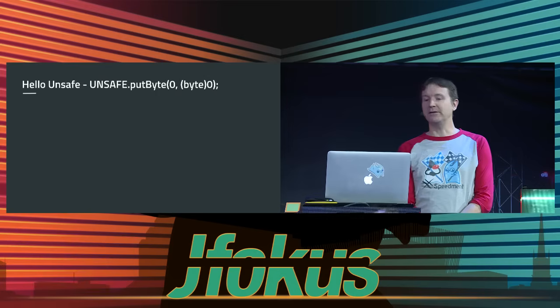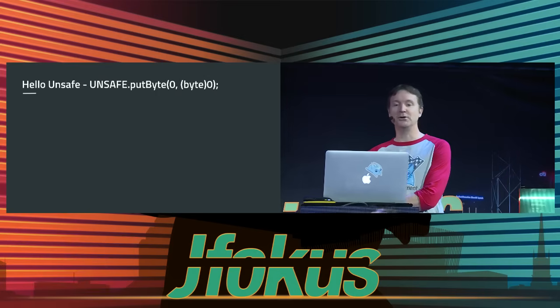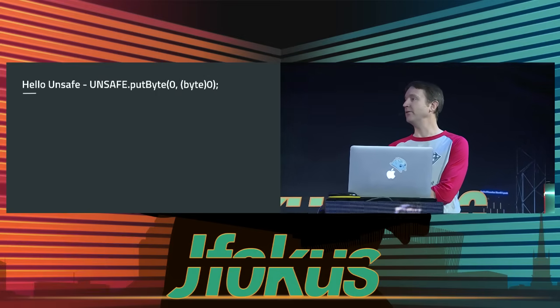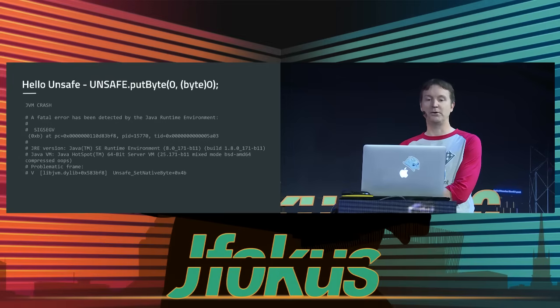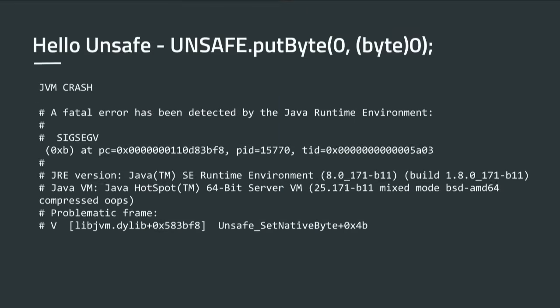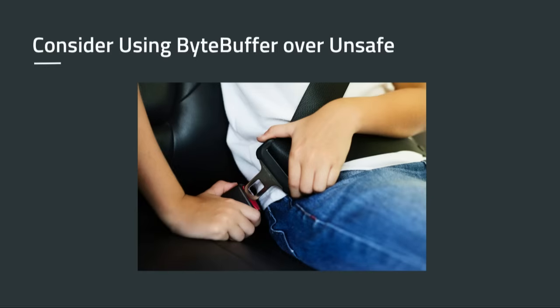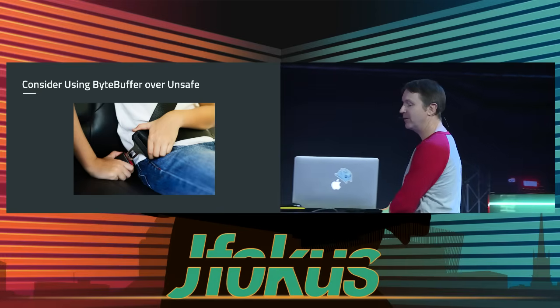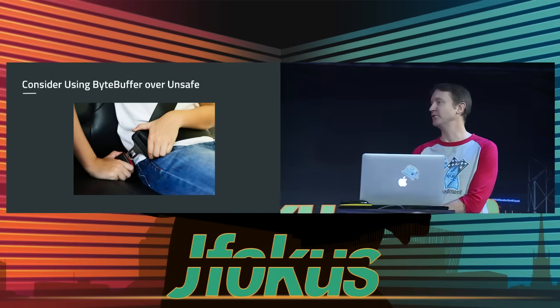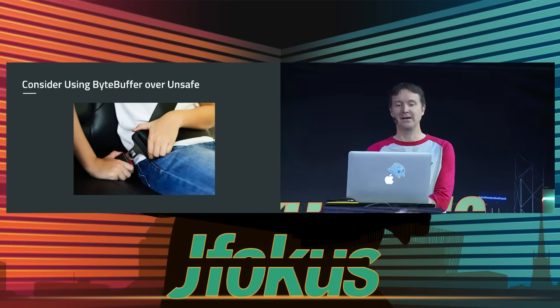You can easily write a hello unsafe program. You use unsafe put byte 0, 0, and this is very likely to produce a segmentation fault. So don't do this. Don't try this at home. So my recommendation is consider using ByteBuffer over Unsafe. Consider, I said, there are some rationales to actually use Unsafe, but those are rare.